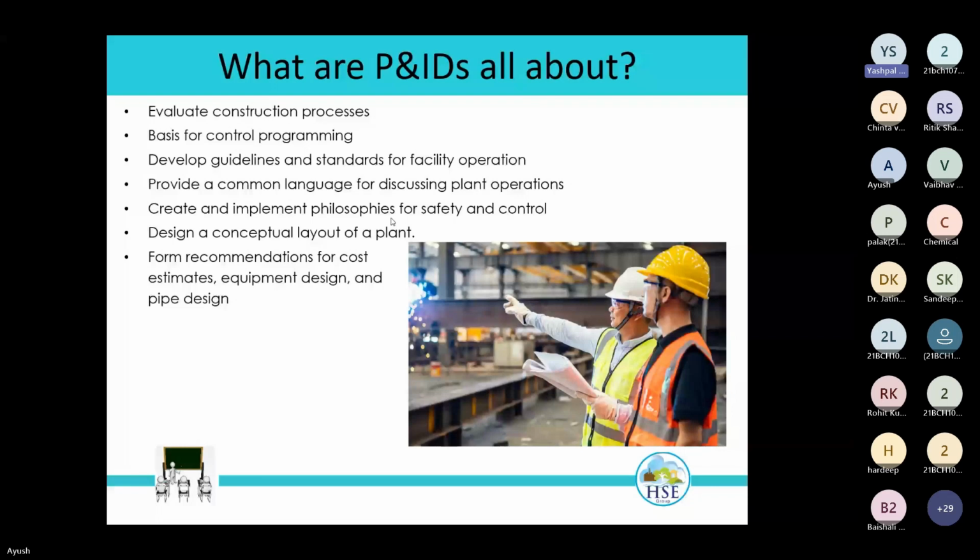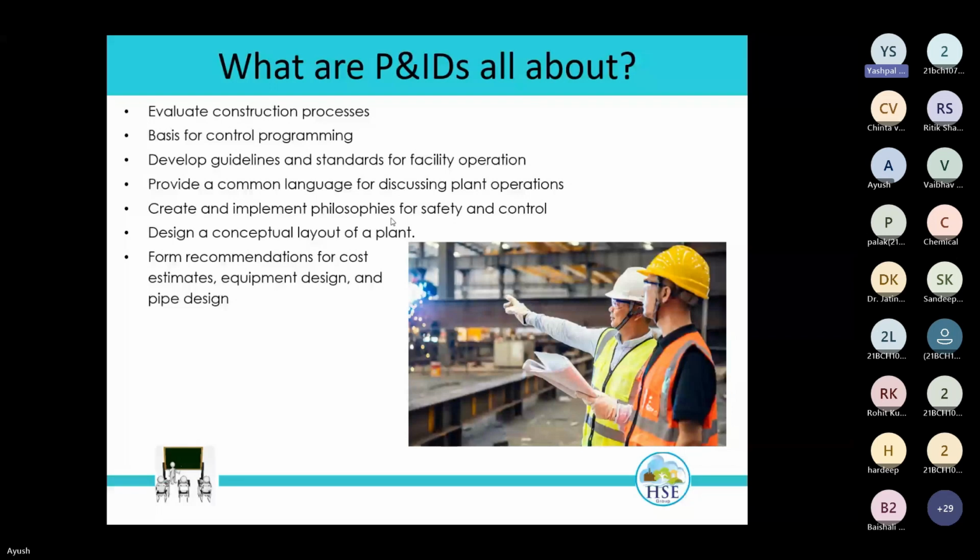After installation, normally we do the commissioning and then it goes to the operation phase of any project. So before the commissioning, we should have standard operating procedures or guidelines which help every operation team to understand the procedure and follow it in the same manner. For developing these guidelines and procedures also, P&ID is a basic document. It provides a common language for discussing plant operations.